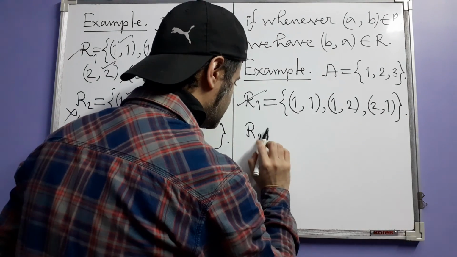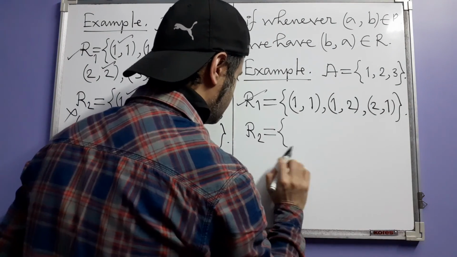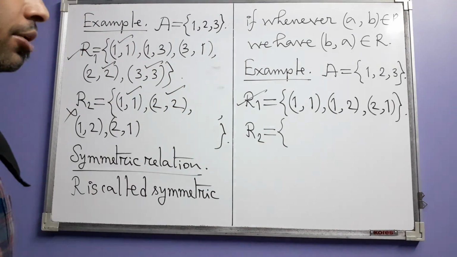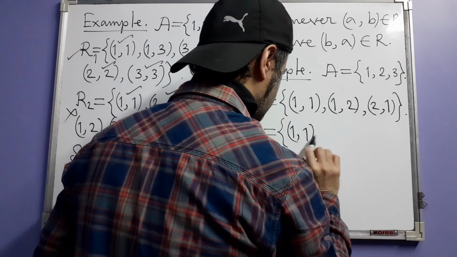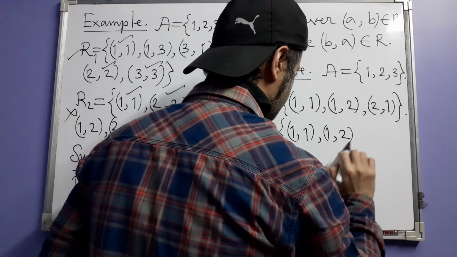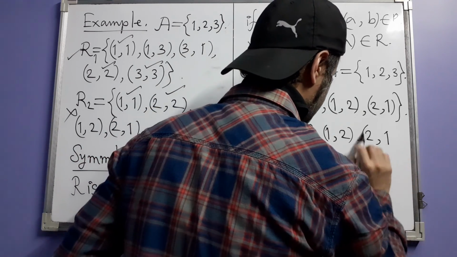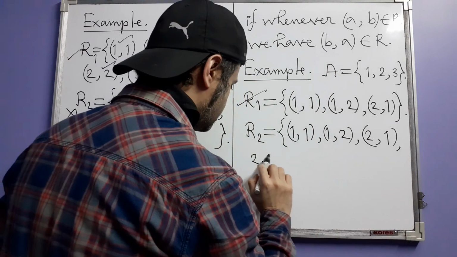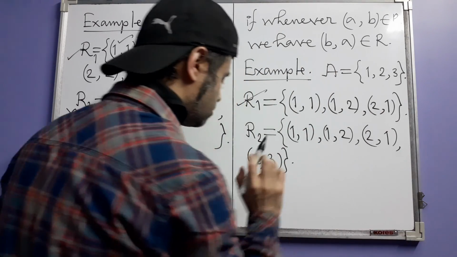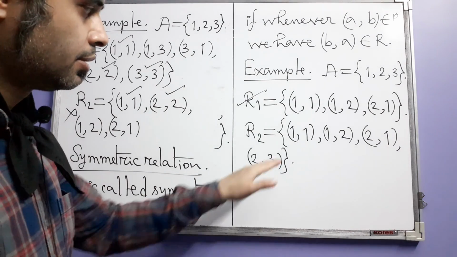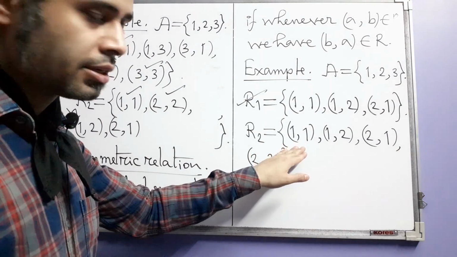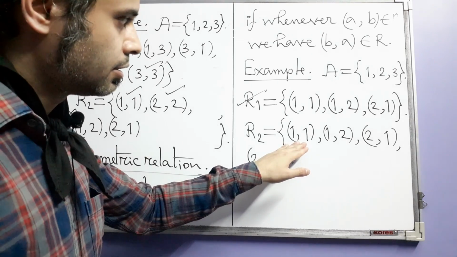But let us also see a non-example. That means a relation which is not symmetric. Let me include all these elements and additionally say I write 2 comma 3. It's okay as far as reflexivity is concerned.